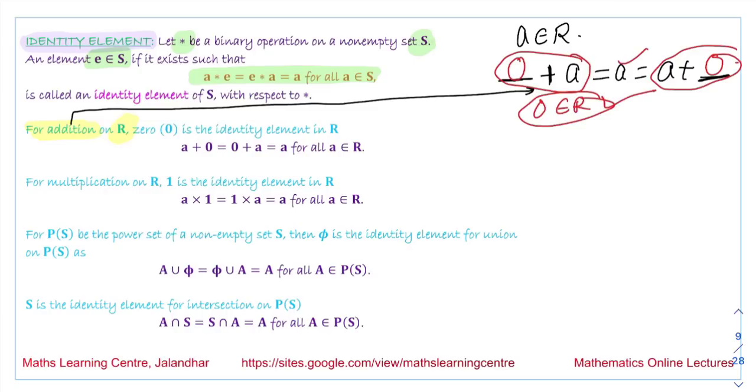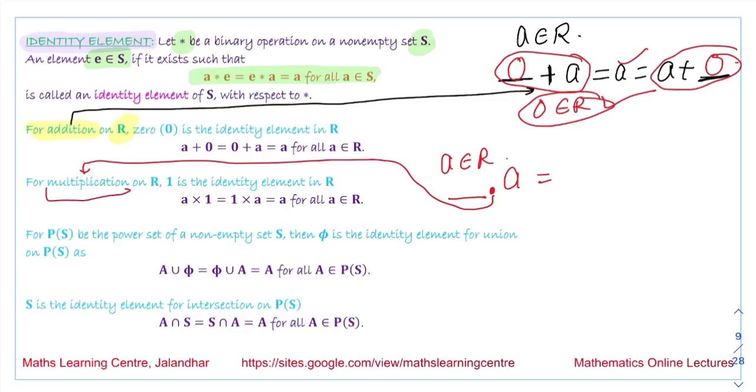When we are talking about multiplication, then we consider some A belongs to R. We want to find a number which when multiplied with A gives the same number. Why are we multiplying over here? Because the operation we have now is multiplication.